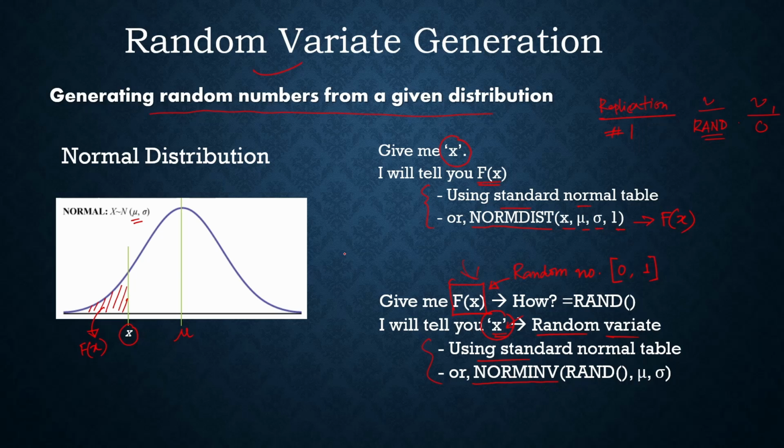So the norm inverse formula, the syntax is like this: norm inverse fx, mu, sigma. If you write this, this will give you the x value. So in our case, fx value itself is a random number between 0 to 1.